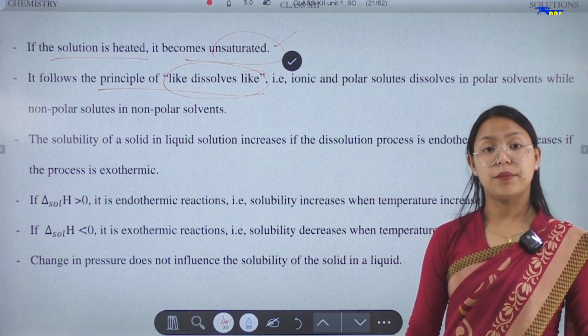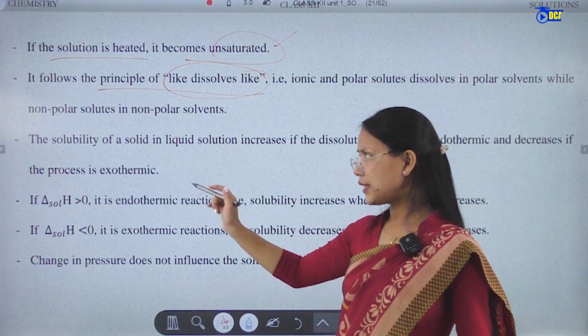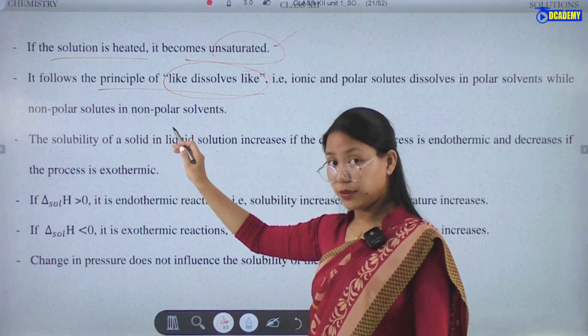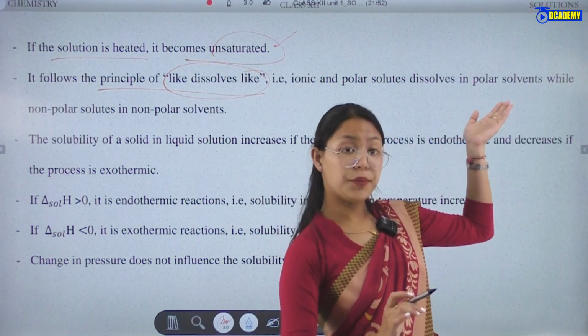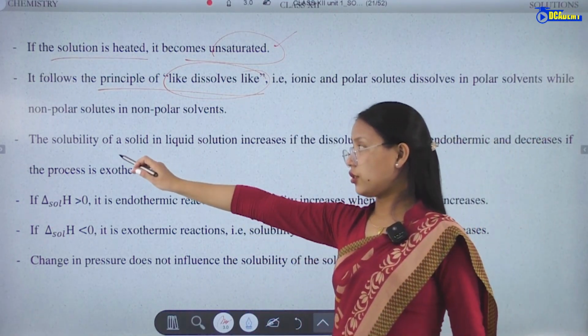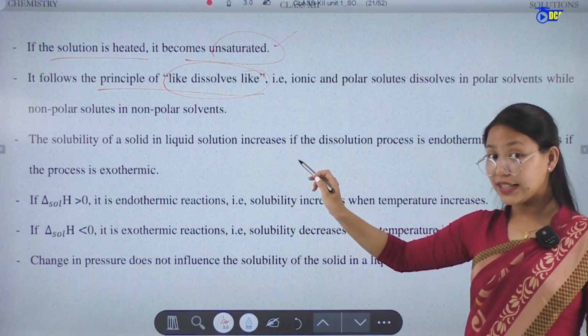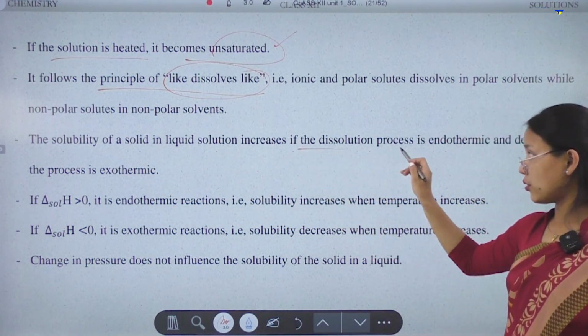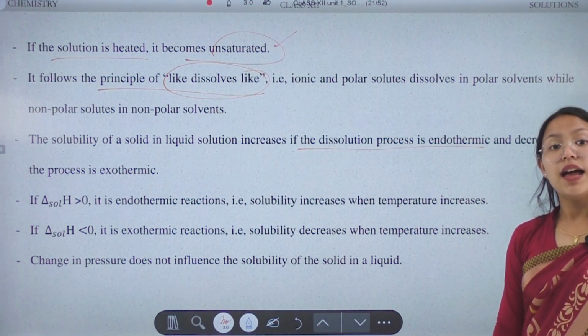A non-polar solution dissolves non-polar, and polar dissolves polar. Then the solubility of solid in liquid increases if the dissolution process is endothermic.